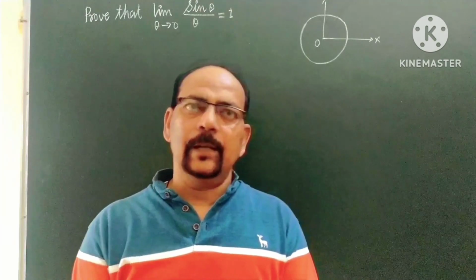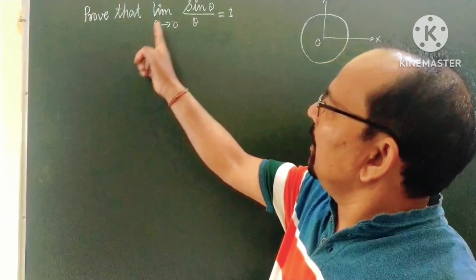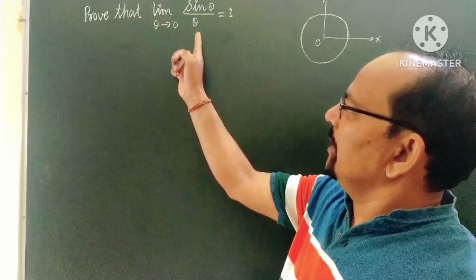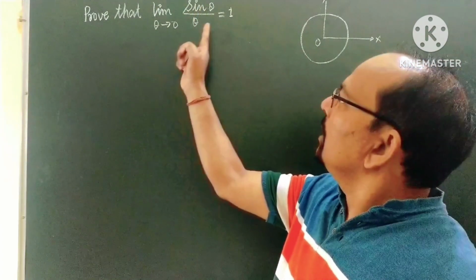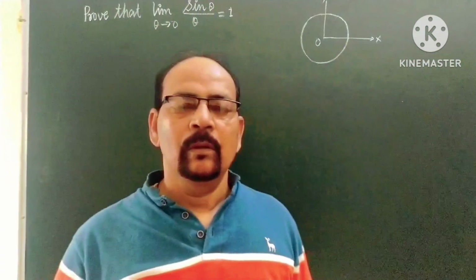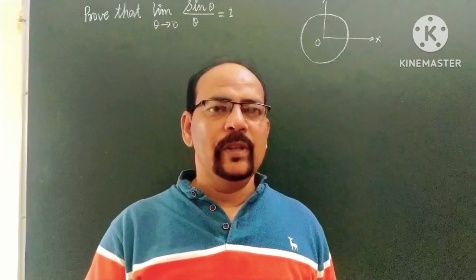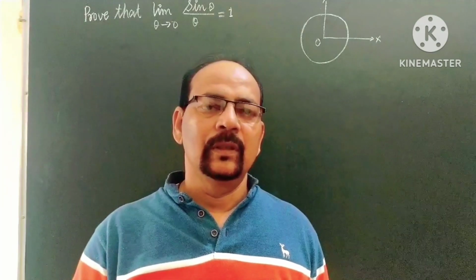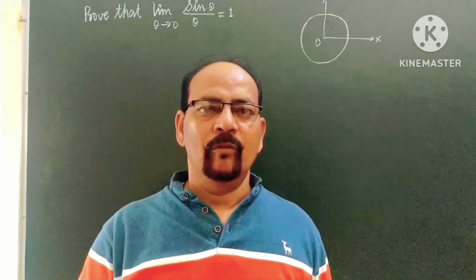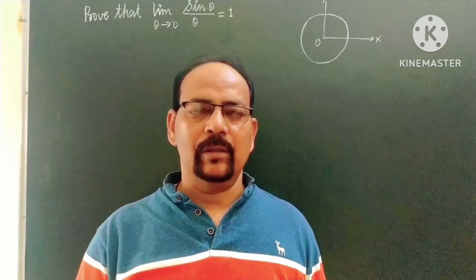Therefore, the question is: prove that limit of sin theta by theta as theta tends to 0 is equal to 1. This is a very important formula, and with the help of this formula we can find different types of limits of the functions which are given in the trigo functions.